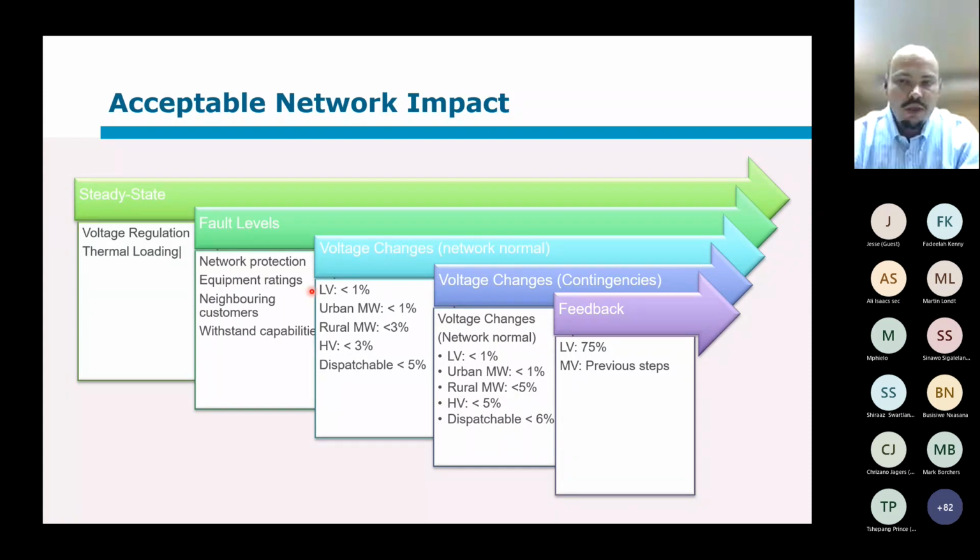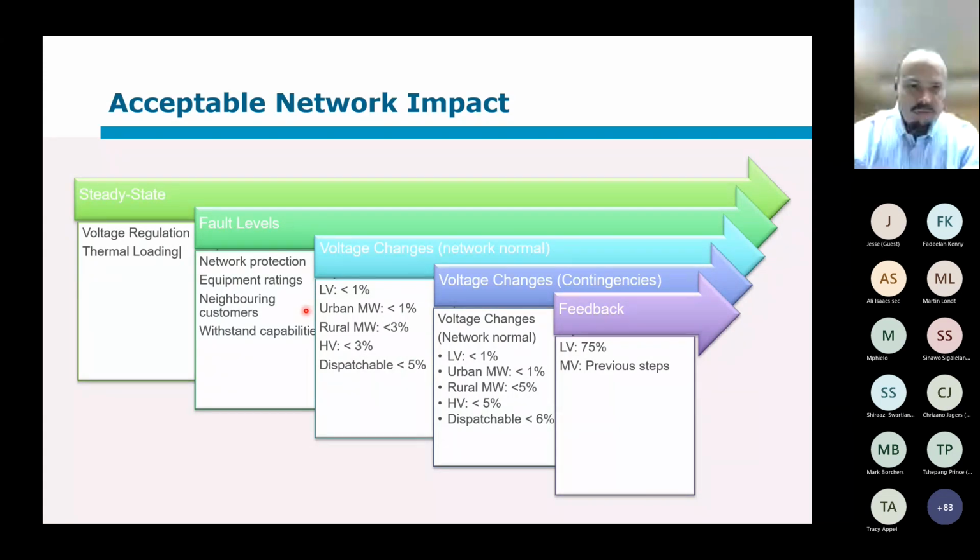When do we have that voltage change? That's when the generator, for instance, generates at full capacity and trips off, and the instantaneous voltage change there. That is what we're looking at here. So there's no time for tap changes to respond or any other voltage control mechanism to fix the voltage again. You want to see what happens instantaneously because that tells you the relative strength between the two.